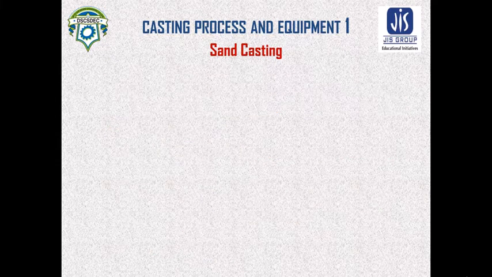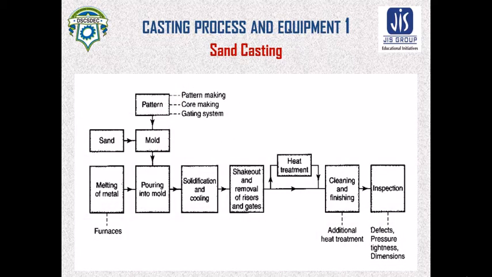Now we will move to sand casting as shown here, starting with patterns. These patterns are made by pattern making, core making, and making the gating system. All these are in pattern making. After this, sand is prepared, and using this pattern and sand, the complete mold or mold cavity is prepared.